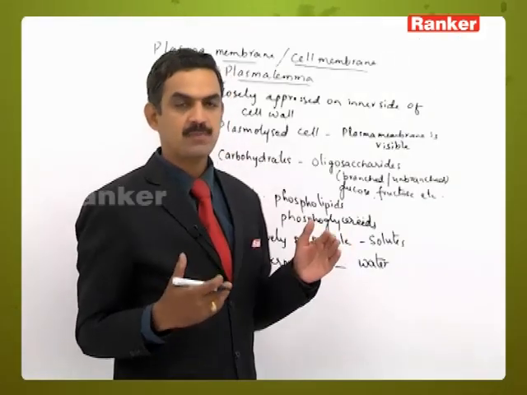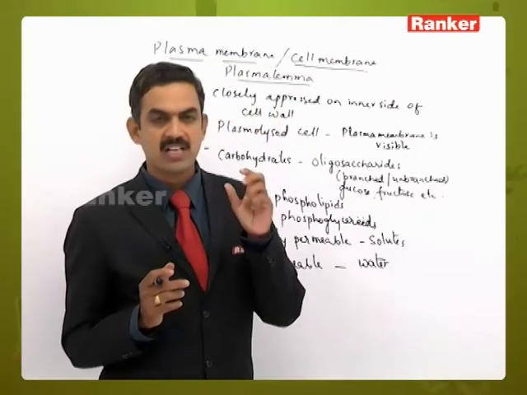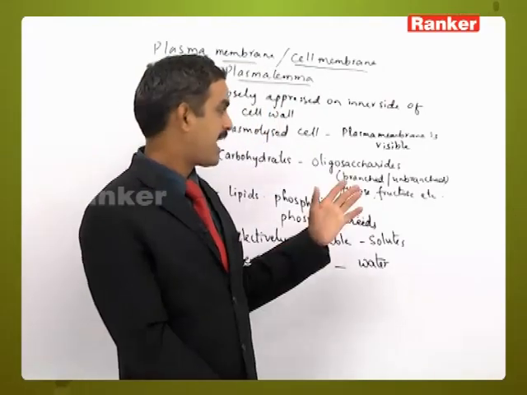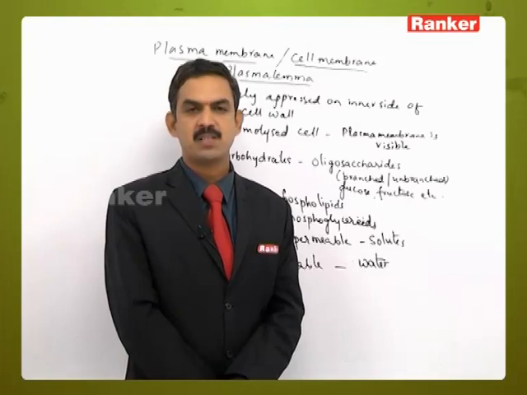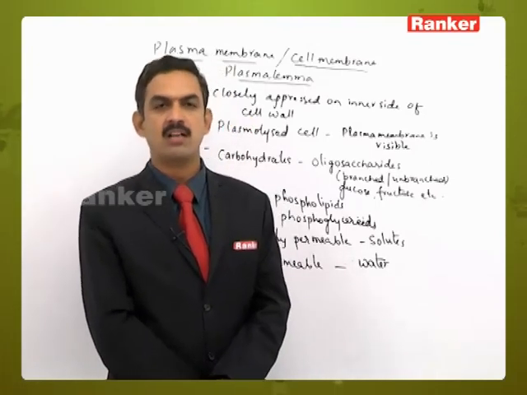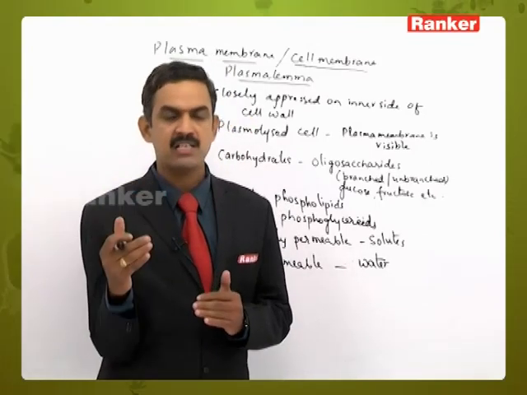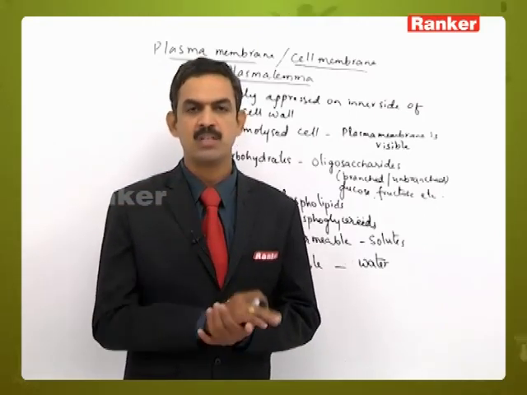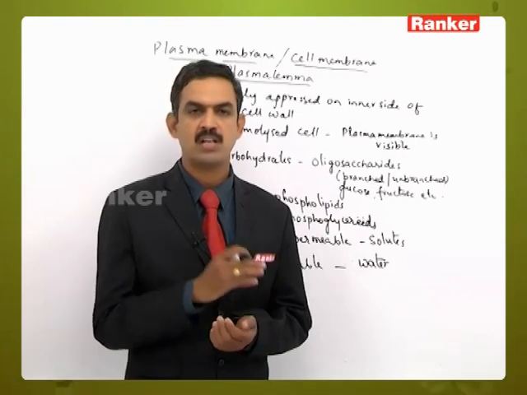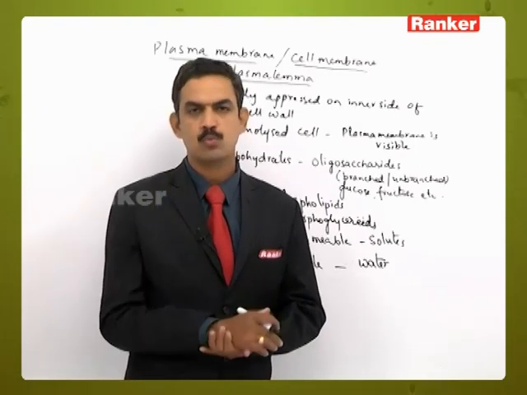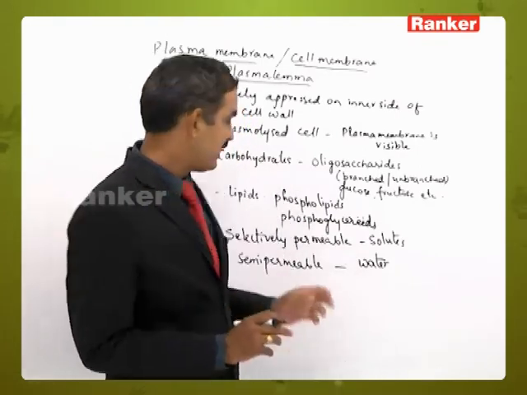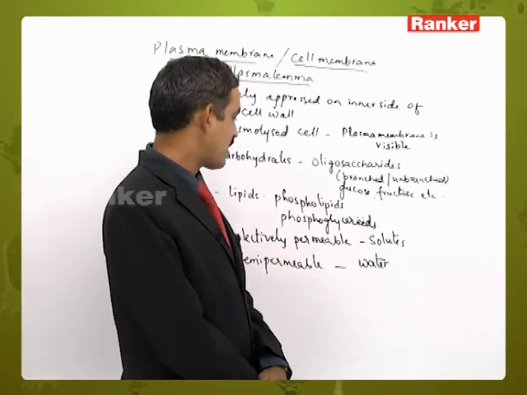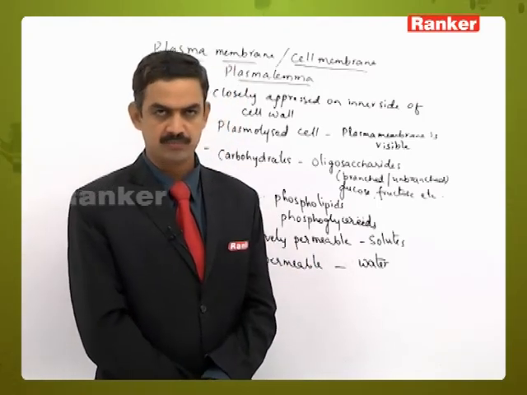It will not allow all types of substances to pass through it. The plasma membrane contains some specialized membrane structures which help in selecting particular types of ions to pass through. So it will not allow all types of ions or substances to pass through. That ability of the plasma membrane is called selectively permeable nature.